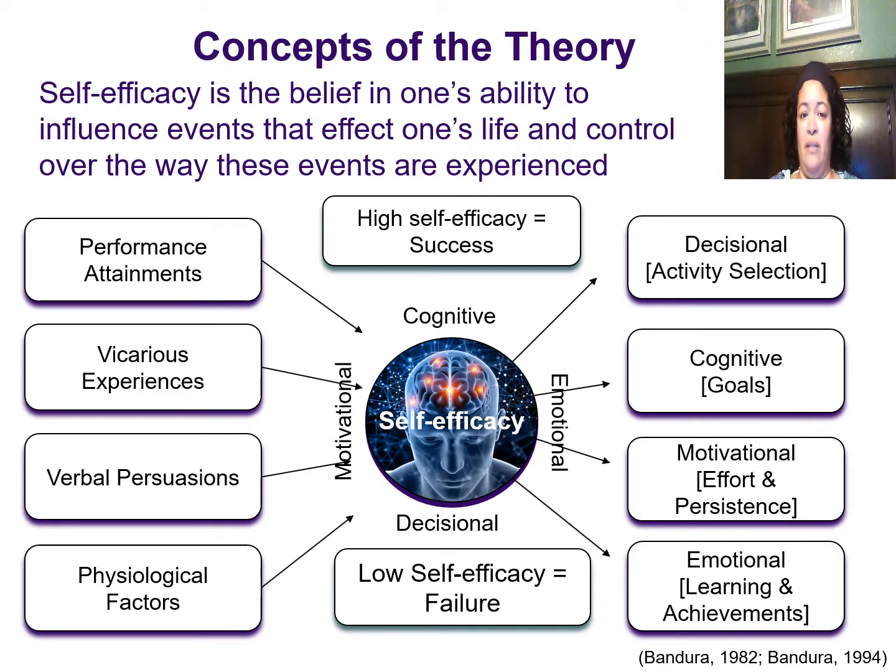Were you resilient? The higher the efficacy, the more likely you were to succeed, to pick more difficult tasks and more challenging goals, or have increased effort and persistence, as well as higher emotional intelligence.